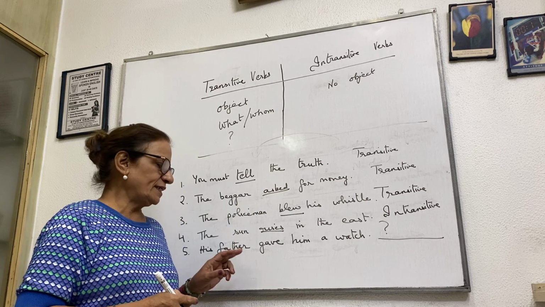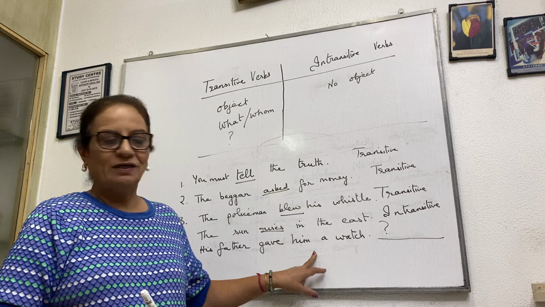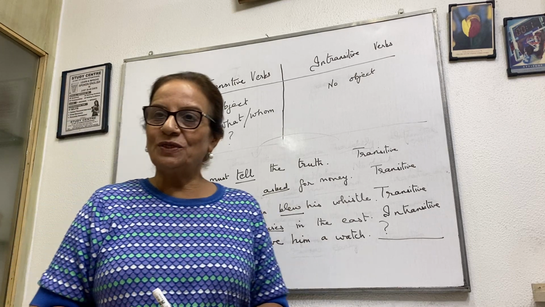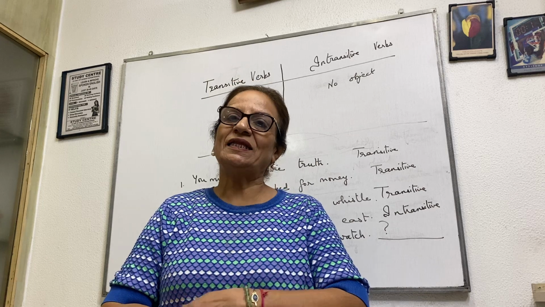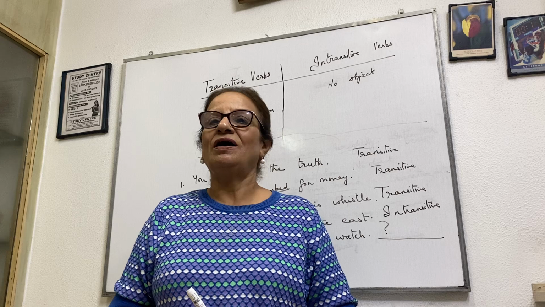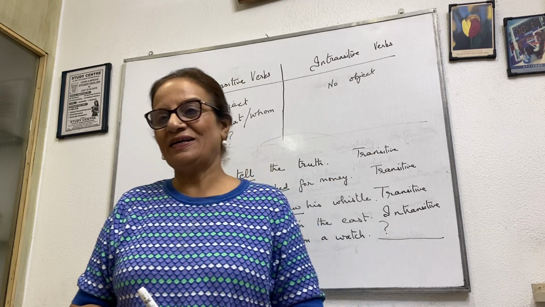This is a sentence for you. Please try it and get your doubt cleared. His father gave him a watch. So kindly do this sentence and send the answer in the comment box, and I will give you your reply, if it is correct or incorrect.